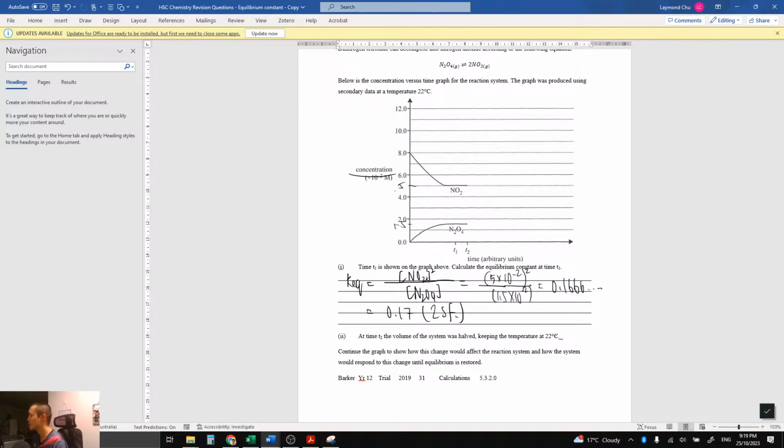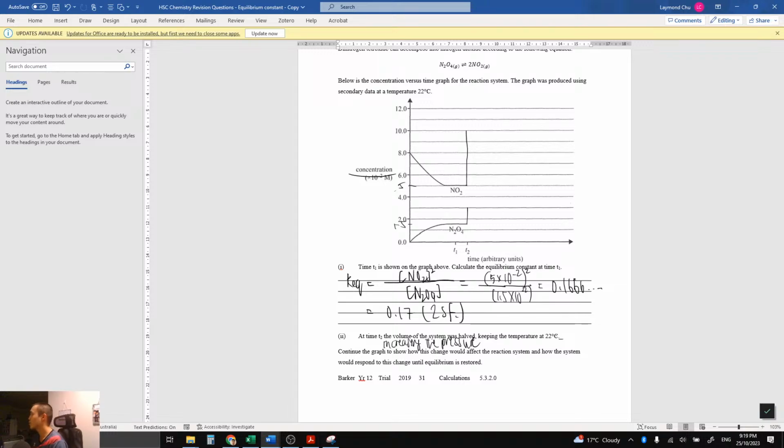You can think of this as increasing the concentration, but in this case it's increasing the pressure, which in a way is a way to describe concentration. So with the volume halved, the pressure is all of a sudden going to increase 2 times. So that's going to go from 5 to 10, and this will go from 1.5 to 3.